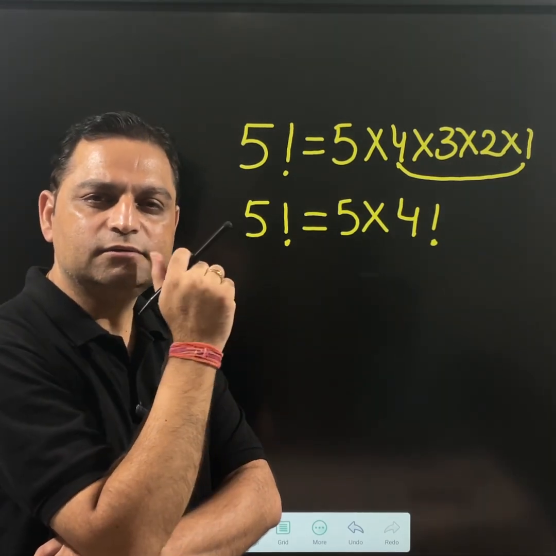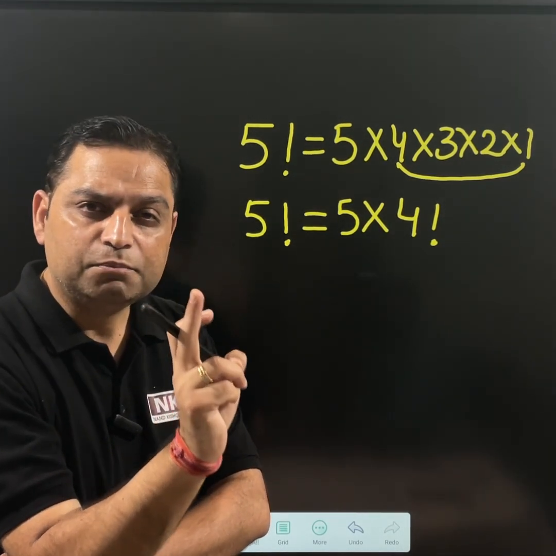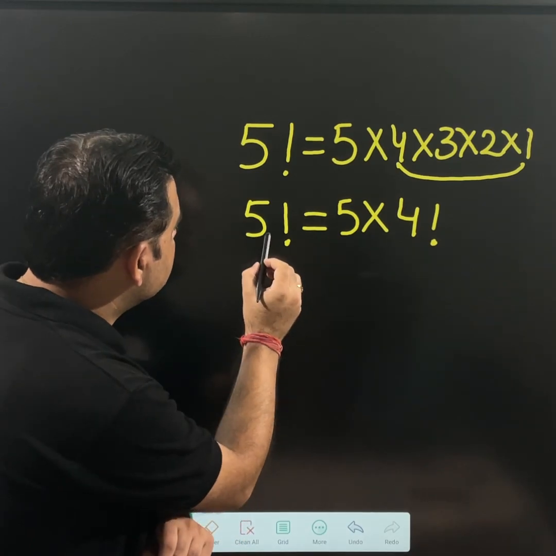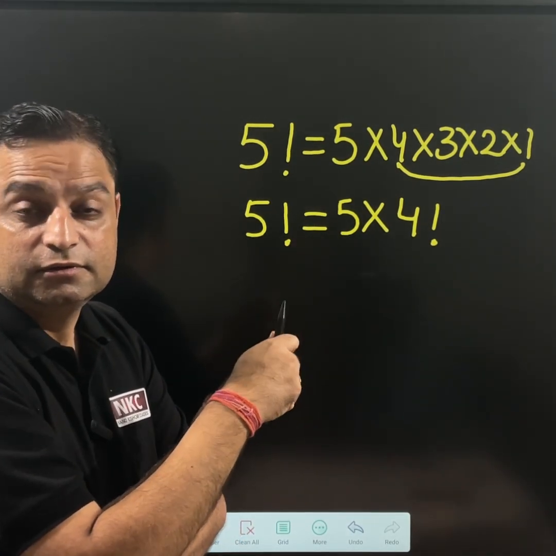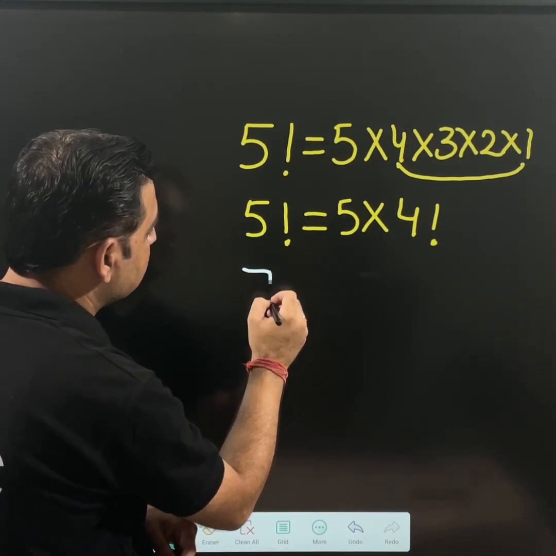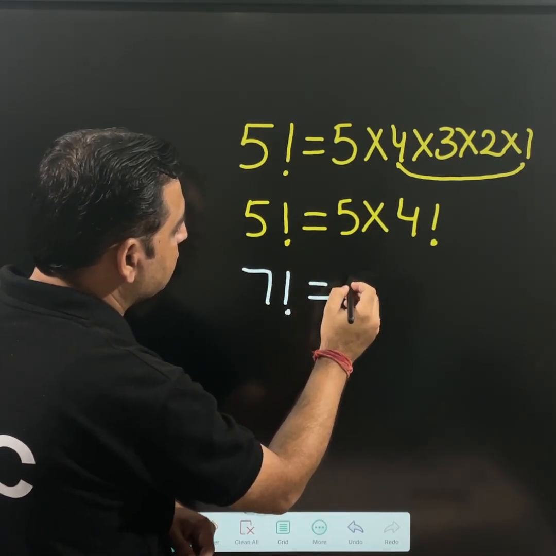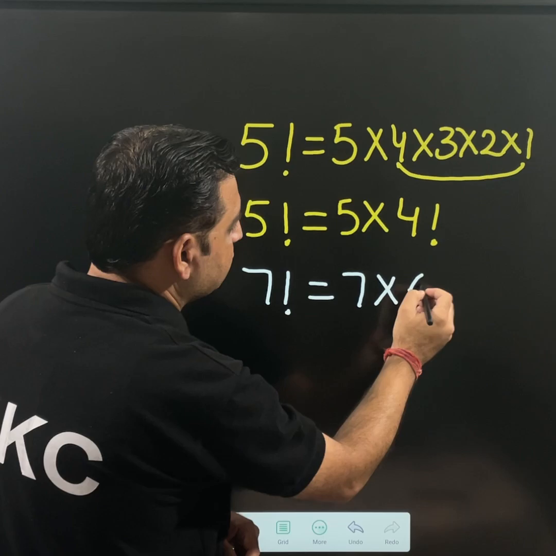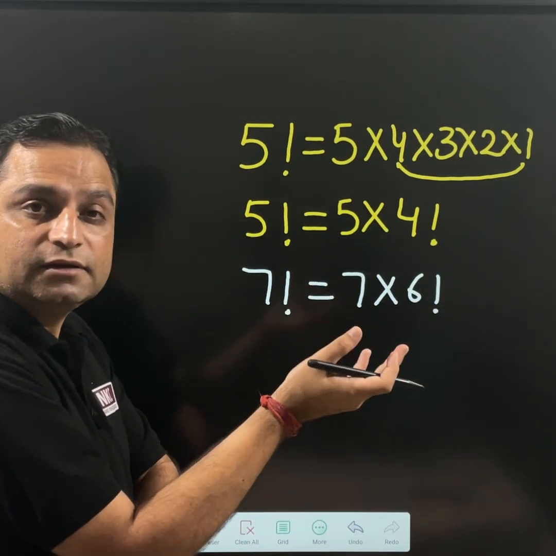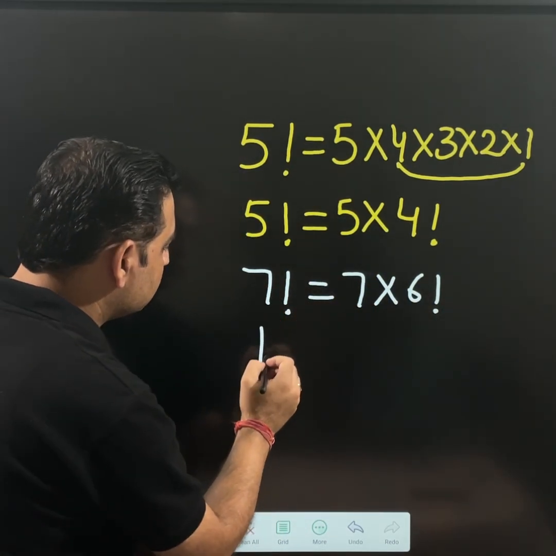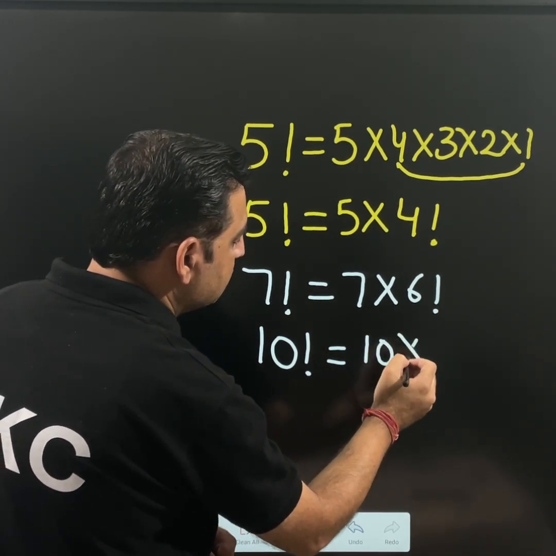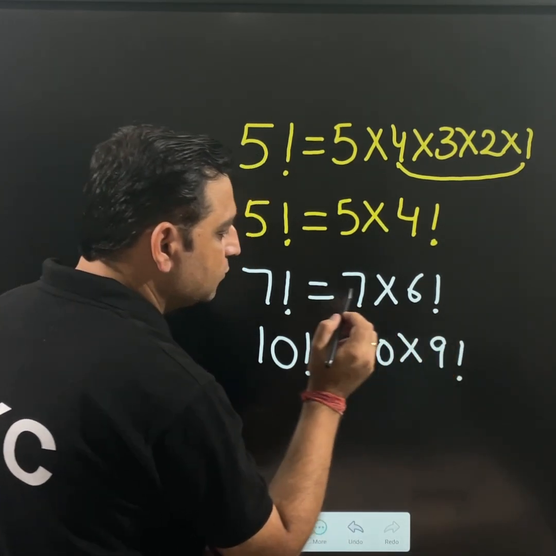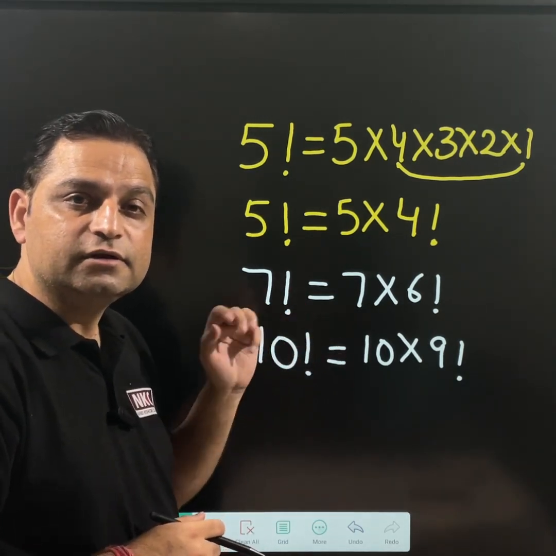Reverse can also be done. So one important result is coming here, that 5 factorial can be written as 5 multiply 4 factorial. Same way, 7 factorial can be written as 7 multiply 6 factorial. One lesser than that. 10 factorial, it can be written as 10 multiply 9 factorial. I hope this step is clear.